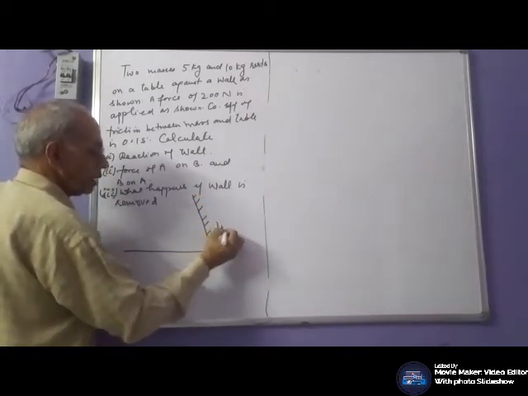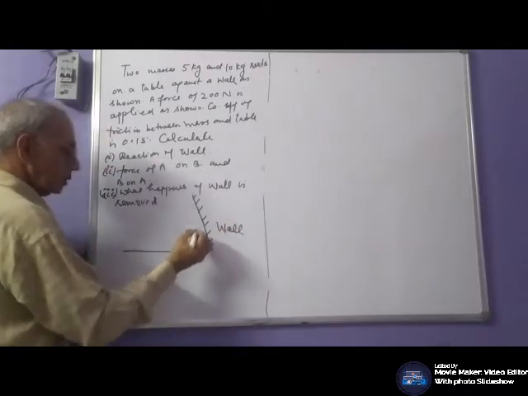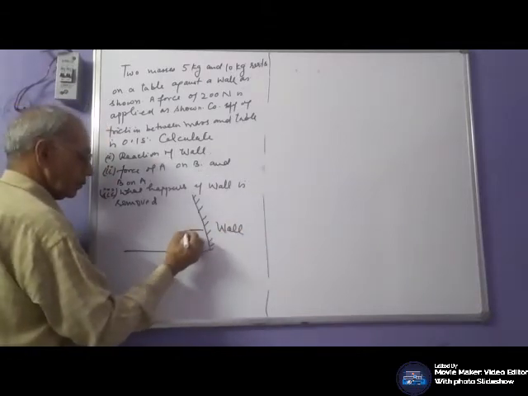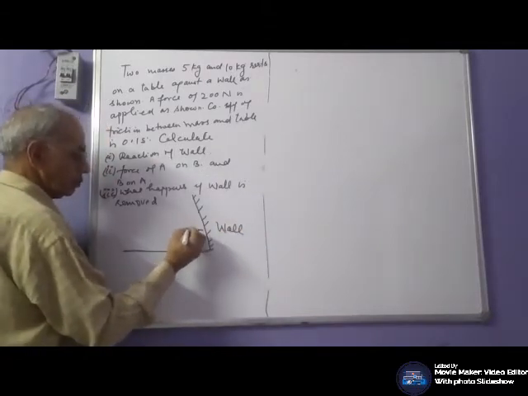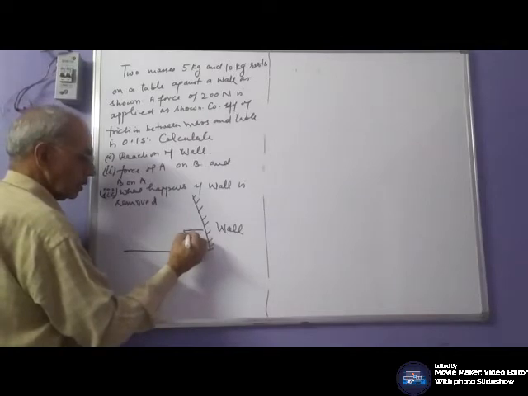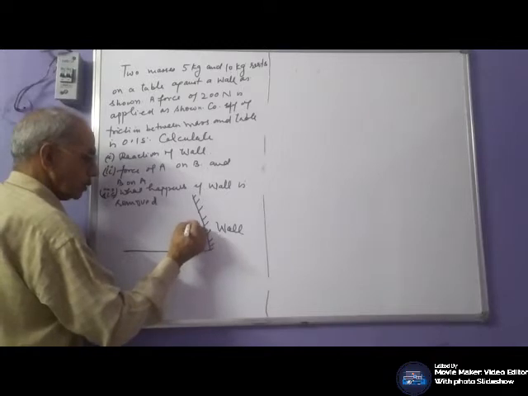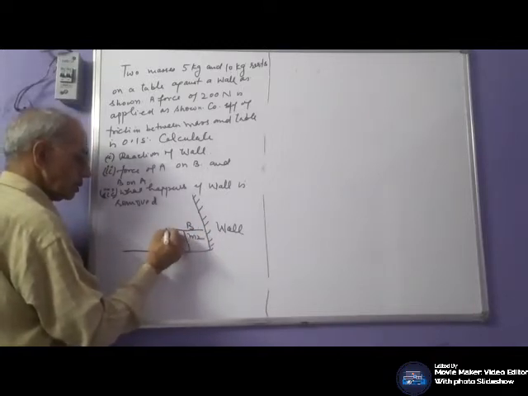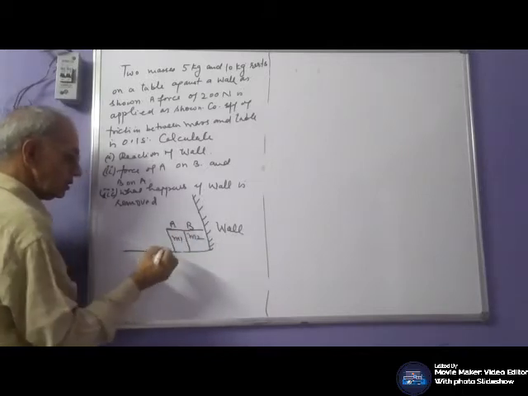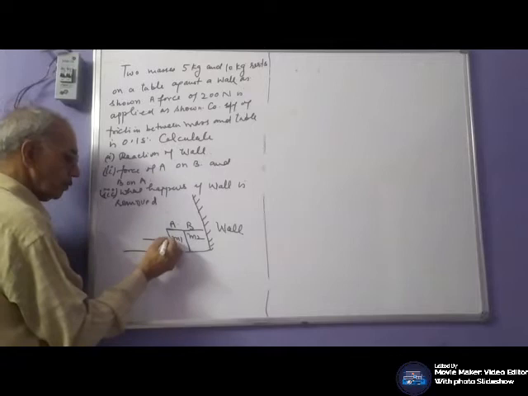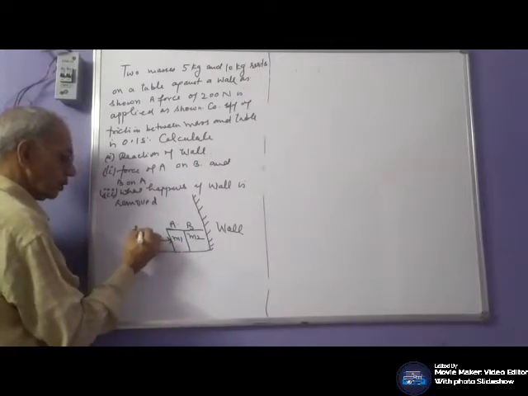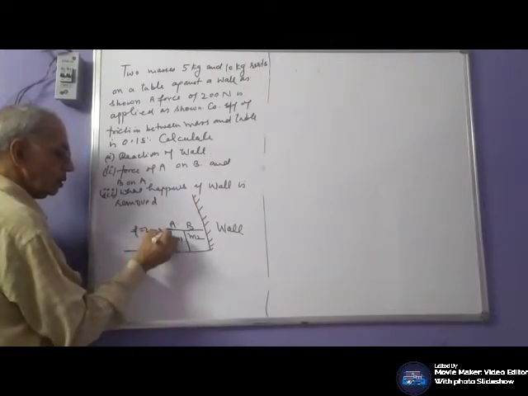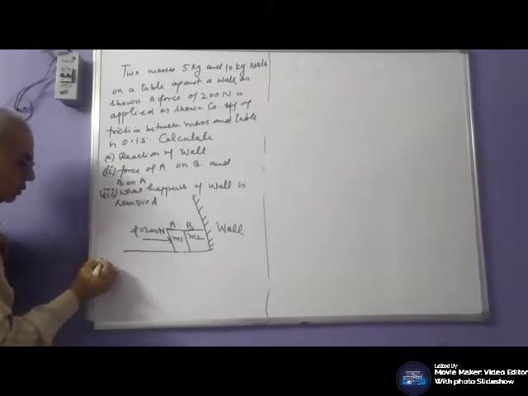This is the wall, this is mass M2, B object, B mass, this is mass M1, say it is a force 200 Newton. This is the question.